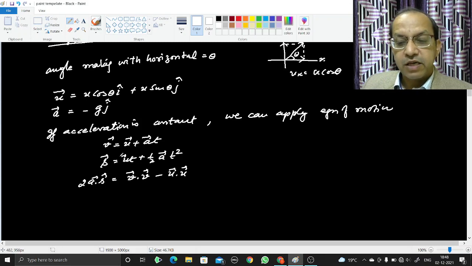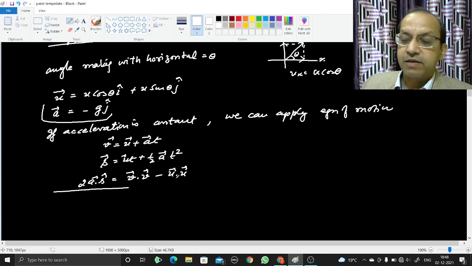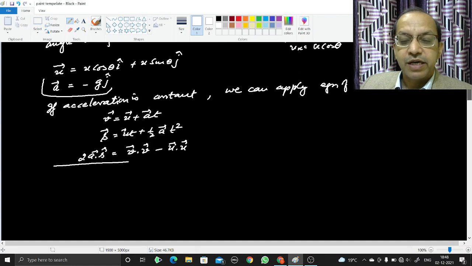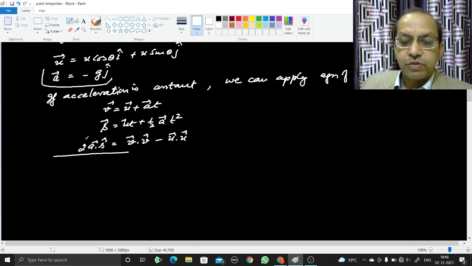These are the three equations of motion in vector form, and they can be applied if the acceleration is a constant vector. Here the acceleration is a constant vector, so we can apply these equations directly without integrating or differentiating. We have u, we have a.